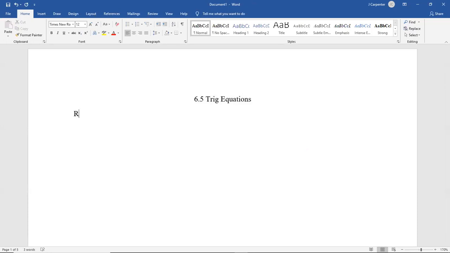So a couple reminders. Sine, cosine, cosecant, and secant all have period 2 pi, whereas tangent and cotangent have a period of pi.